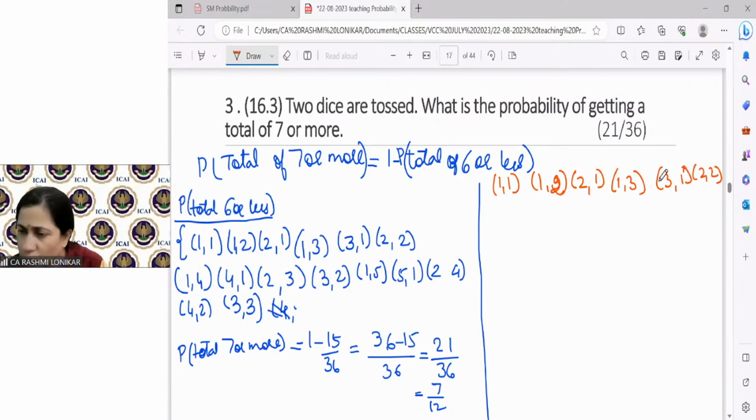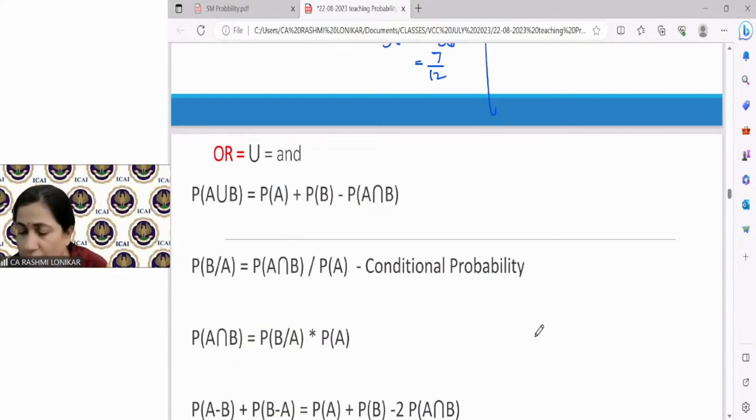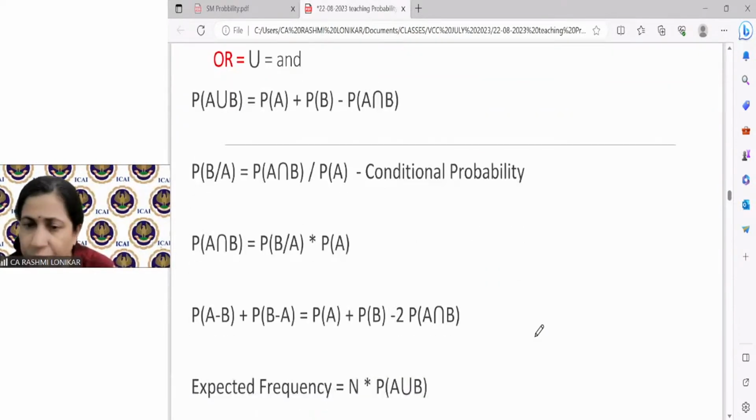So that is 4. 5 will be equal to 1, 4, 4, 1, 2, 3, 3, 2. So this is 5. Then again you have 6 and so on. You have to do all that, and you will again get 21 upon 36. Okay. So that is also a method, but it's more cumbersome than this method.